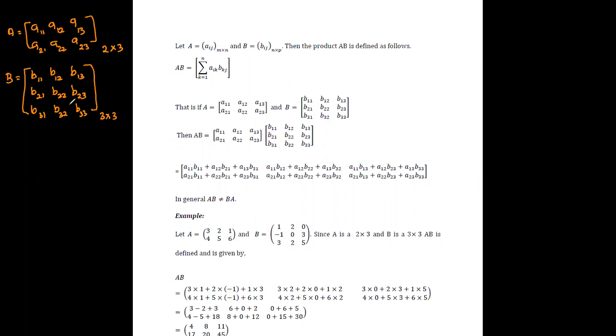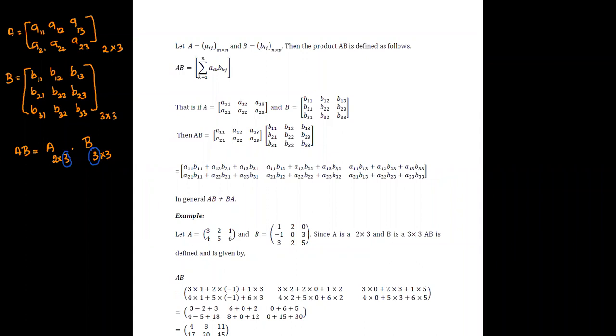If I am asked to obtain the matrix product AB, first we need to check the dimensions of the matrices. Here we can see A is a 2 by 3 matrix, B is a 3 by 3 matrix. The number of columns in the first matrix is equal to the number of rows in the second matrix.